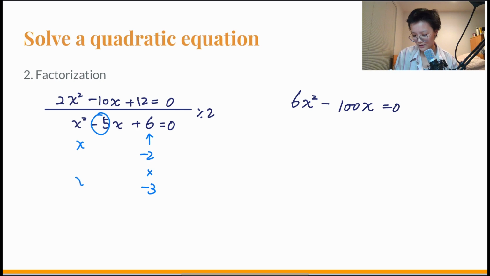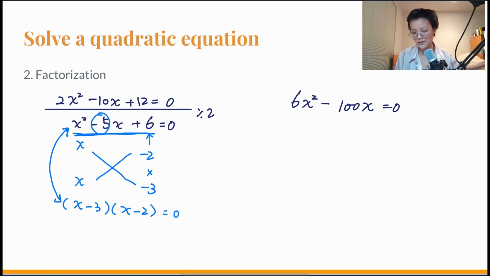And we do this cross product. So x minus 3 times x minus 2, which is exactly the same as this original quadratic equation. I figure this step is a little bit magic, but remember how we expand the multiplication of two terms?